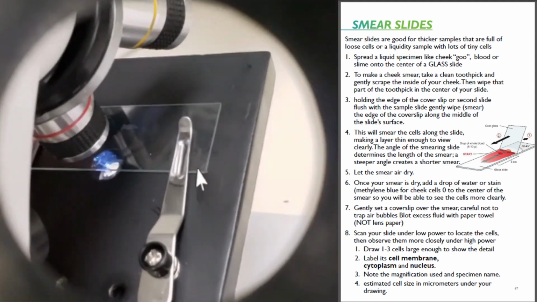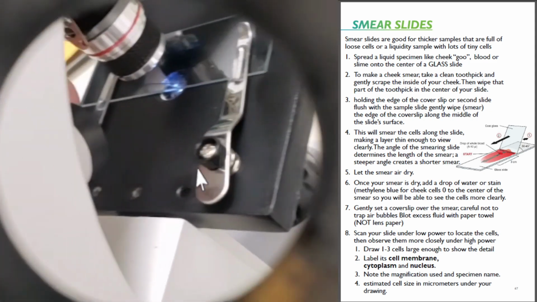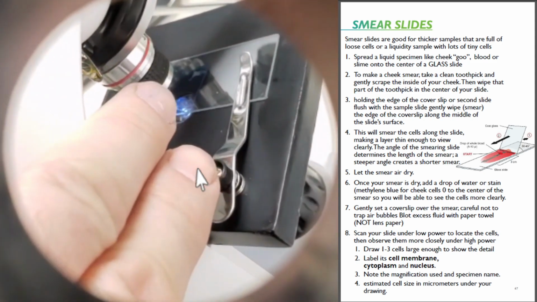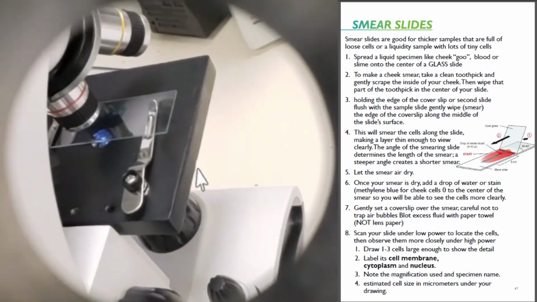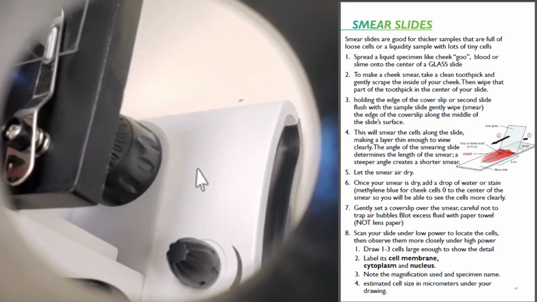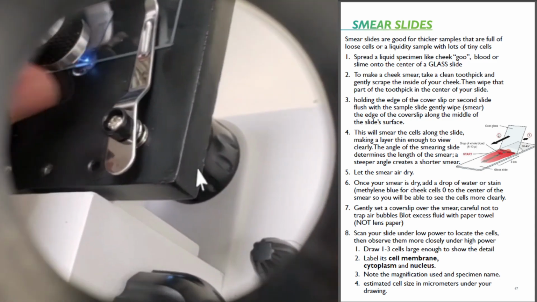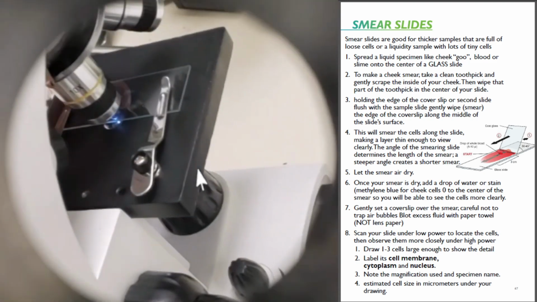Find your cells again, focus, and do the math. So if this says 4 and this is 20, you have 80 times magnification. Flip this up. This says 10 and this is 20, so I have 200 times magnification.